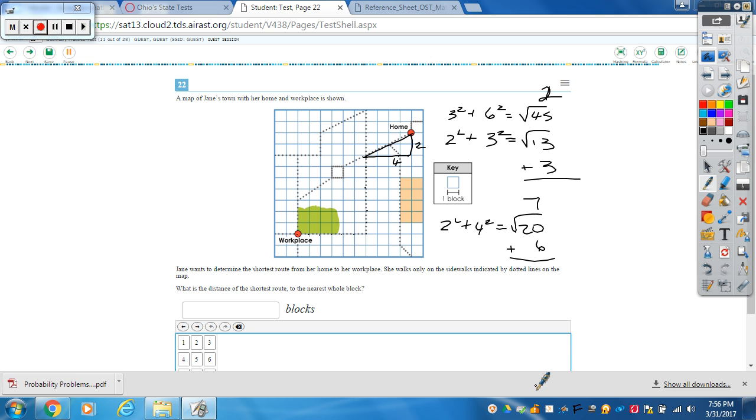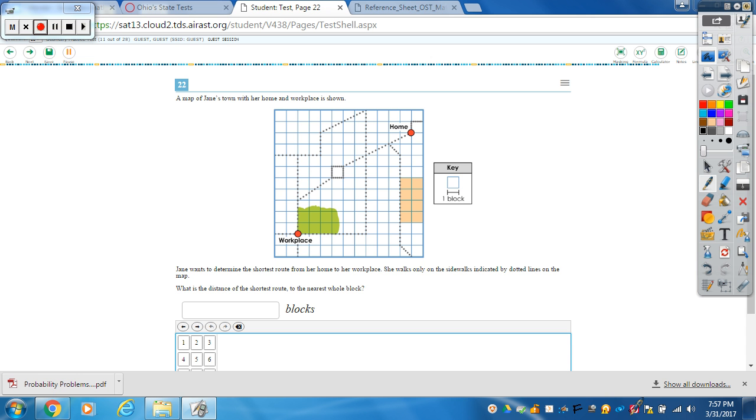Nearest whole block would be 15. If we do the other one, 7 plus the square root of 20 plus 6, that's going to equal almost 17 and a half. So I'm going to put down that the distance is going to be 15 blocks from home to our workplace. Okay? All right, let's keep moving.